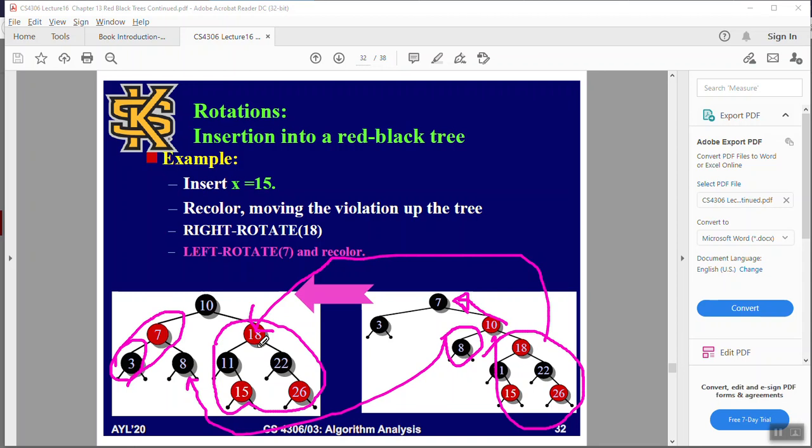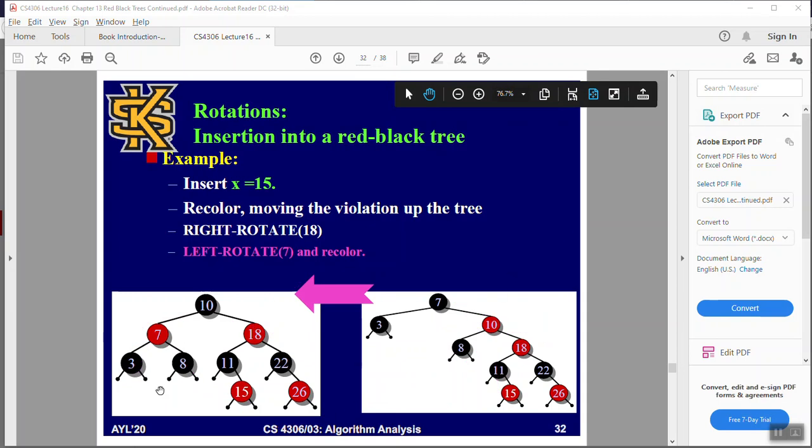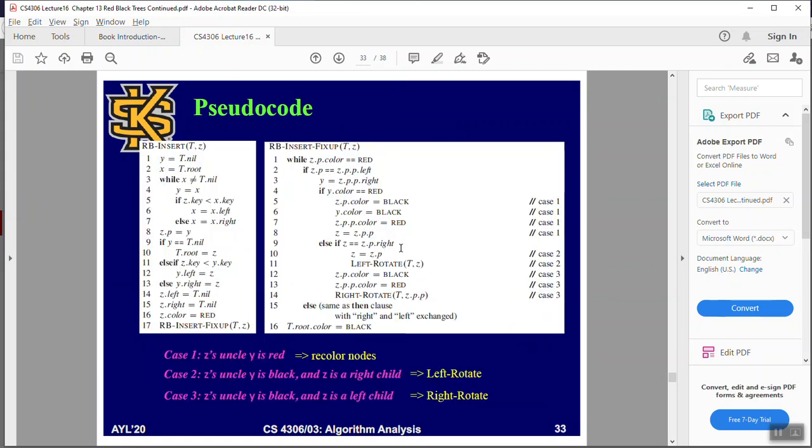In this process we are fixing conflicts from bottom to up until we arrive at the root node. This is the insertion algorithm, and this sub-process is called fix up.